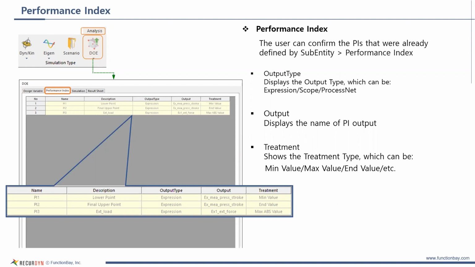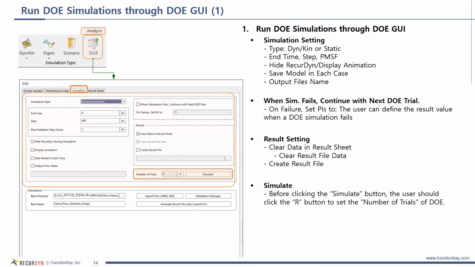And then you would click on the simulation tab. This would bring you to the step of actually running the trials that you've set up. Some of the settings here are your basic dynamic kinematic simulation settings.